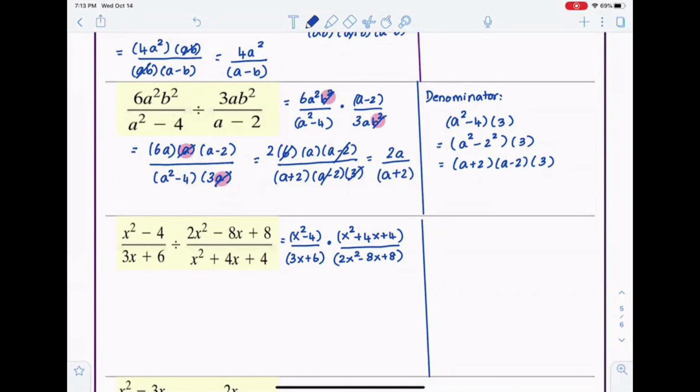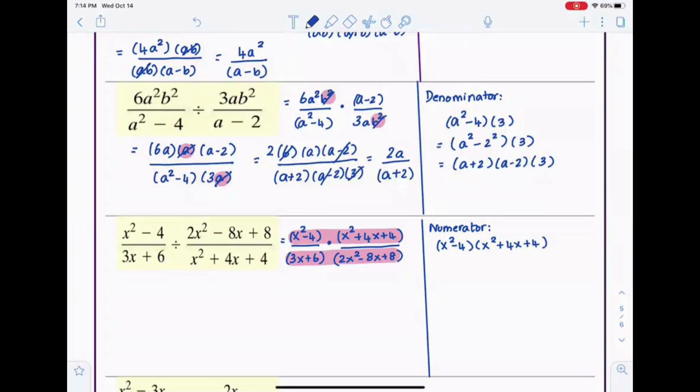So now we have the entire numerator multiplied directly, the denominator multiplied directly, to get a single numerator and a single denominator. So the numerator is x squared minus 4 multiplied by x squared plus 4x plus 4.